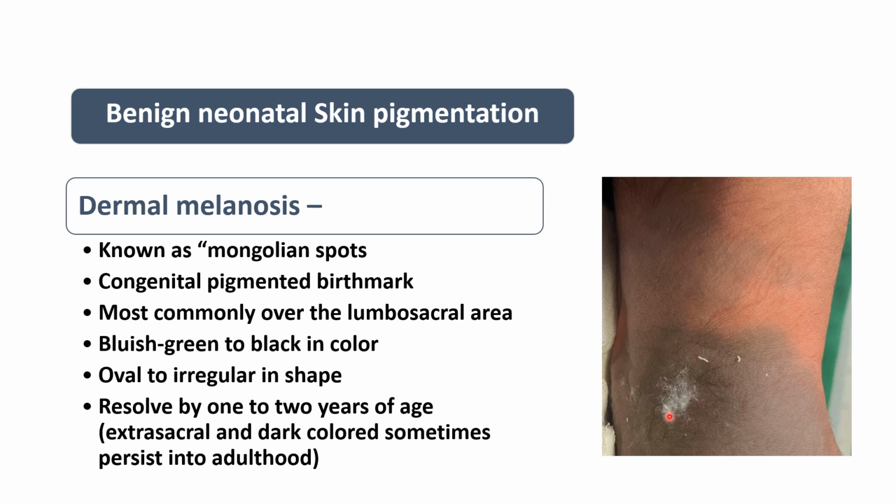So here in this image you can see this is greenish black in color, and the shape can be oval or irregular. It also resolves by 1 to 2 years of age in most of the patients, but extrasacral and dark colored ones sometimes even persist into adulthood, so it is also a benign condition.